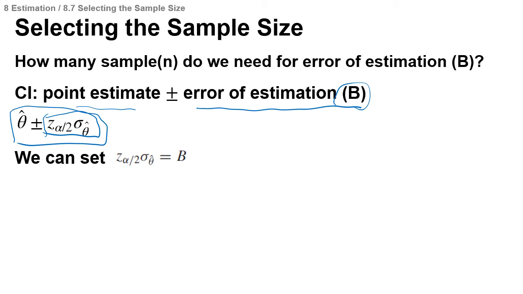So here we will set the error of estimation equal to b, and we should note that sigma, the standard error of theta hat, is proportional to 1 over the square root of n.